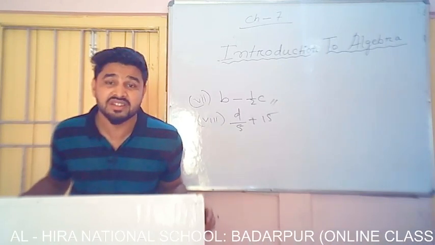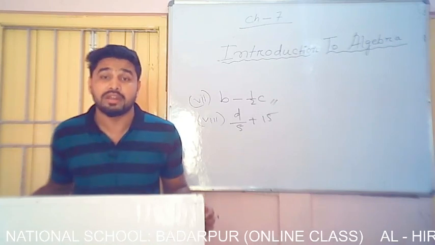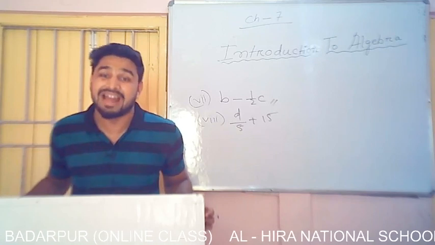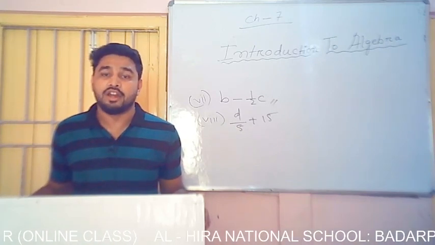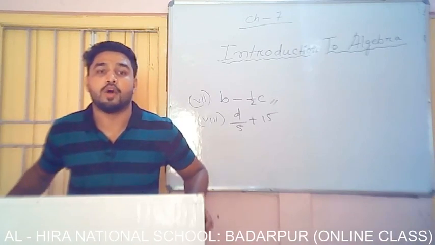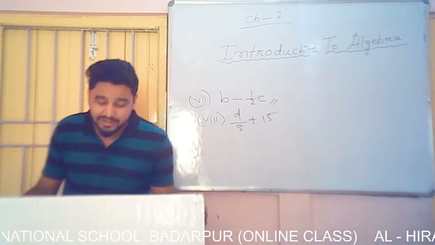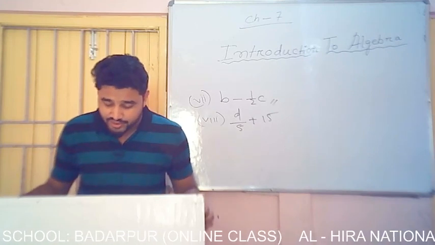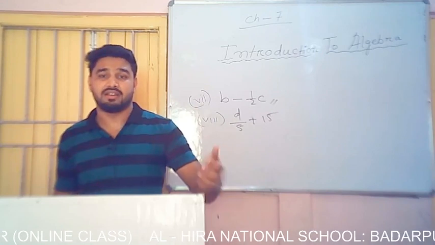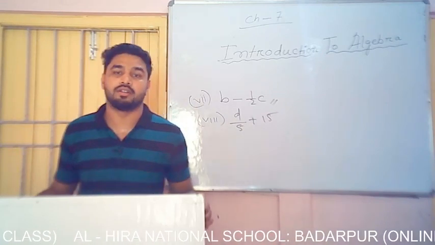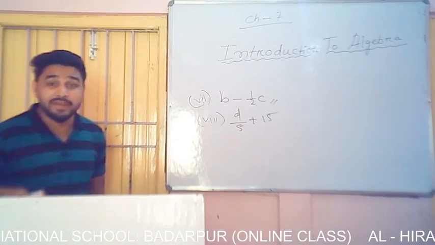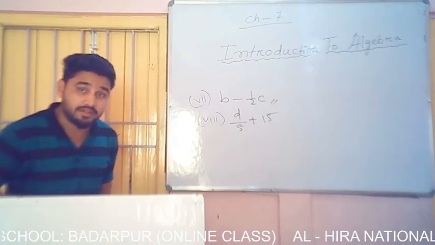Since Raja is 10 years older, if you get the word older, then you should add, and if you get the word younger, then you use the operator minus. So in case of this, since it is older than Ravi, we should use the plus operator. That means the age of Raja will be x plus 10.